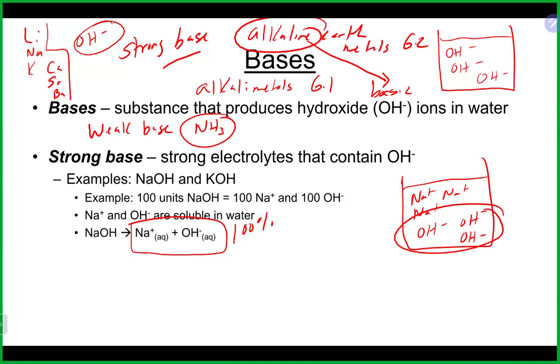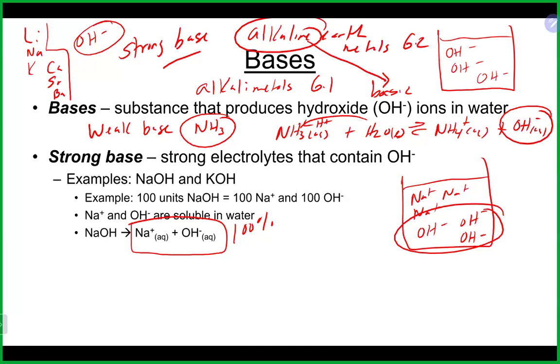But what ammonia is able to do is react with water and actually take an H plus from water, and it's able to make NH4 plus. And because it takes that H plus from water, it's able to produce hydroxide. So ammonia, even though it's not carrying the hydroxide with it, if you will, it's got to go do a little reaction. Because it's able to react and actually produce hydroxide, it is still considered a base.